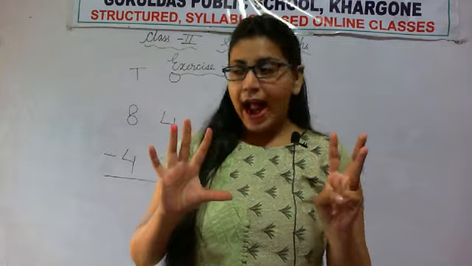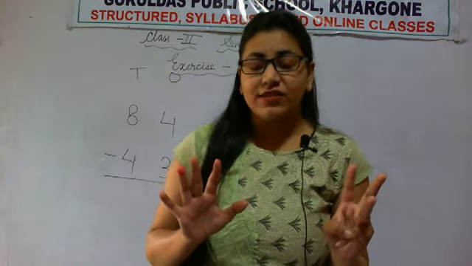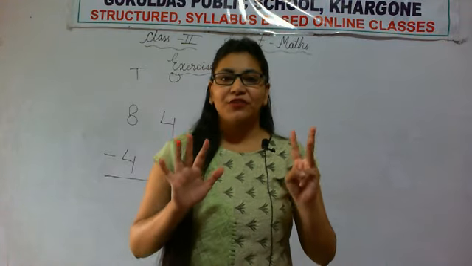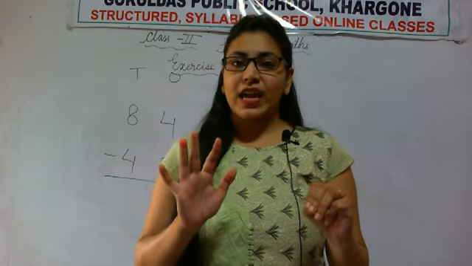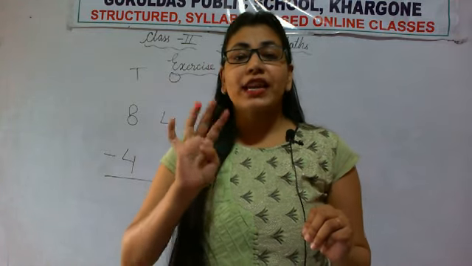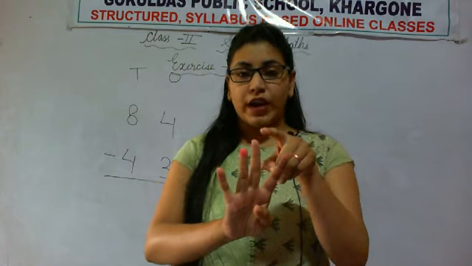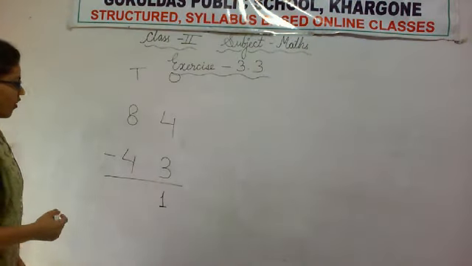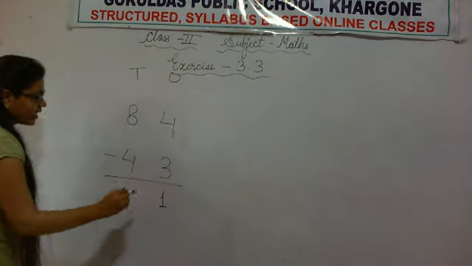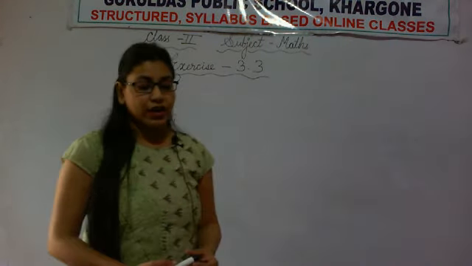Now minus 4, so we close 4 fingers: 1, 2, 3, 4. Now how many fingers are left? 4 fingers are left, so we write the number 4. So 84 minus 43 is equal to 41.